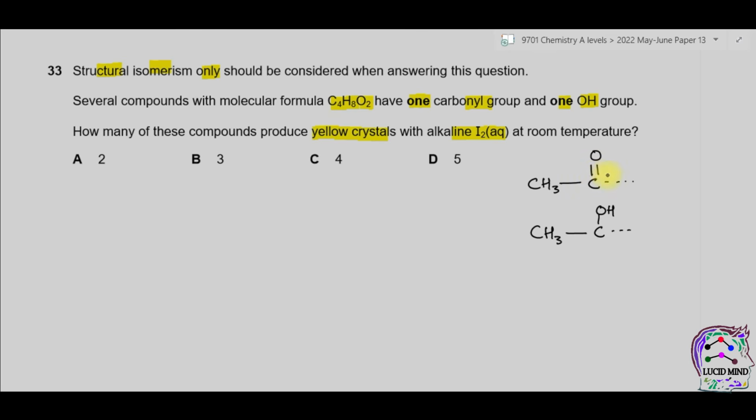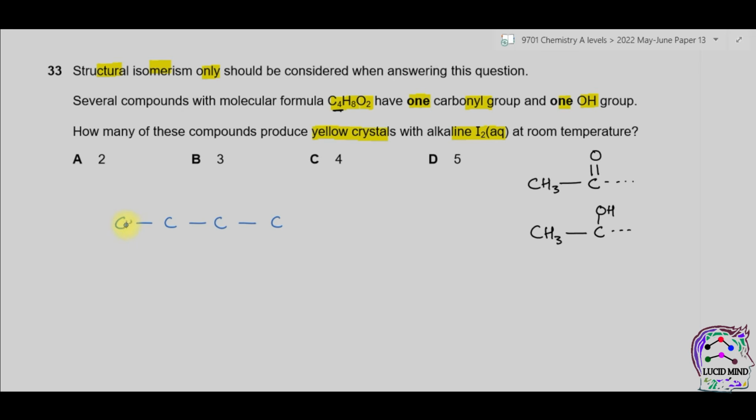So let's see which product does have this. So we have C4H8O2 and one carbonyl group and one OH group. So in total we have 4 carbon atoms. Let's draw the possible structures. So 1, 2, 3, 4.